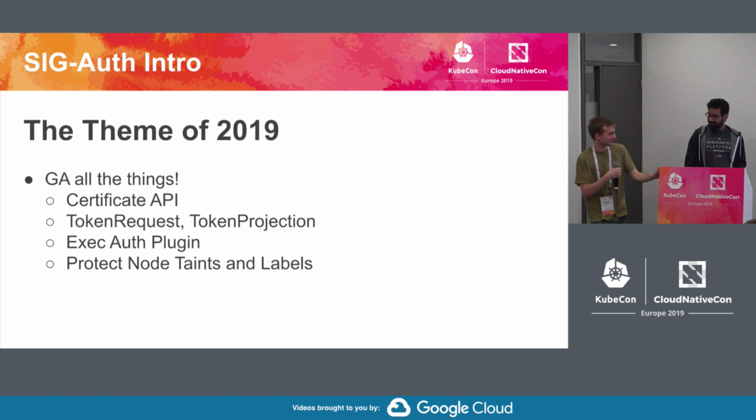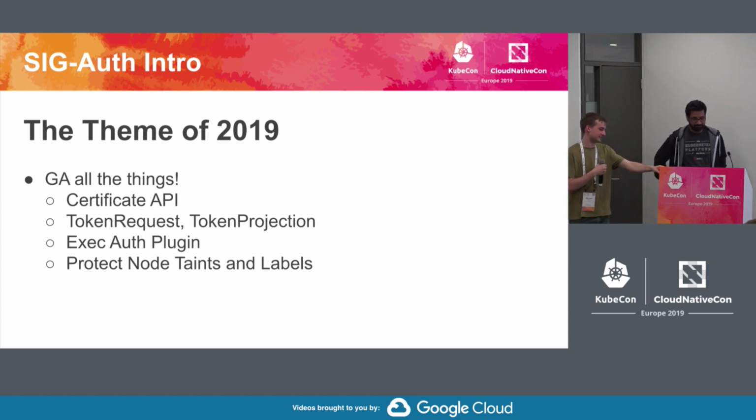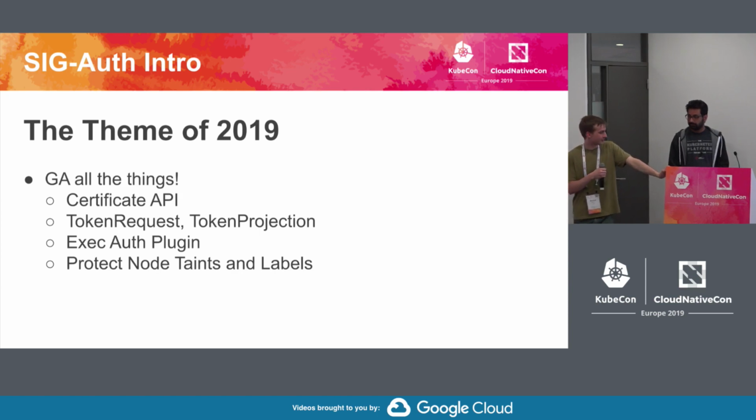I'll do the exec auth plugin. The exec auth plugin is our plan for moving a lot of the client auth plugins out of the tree. Plugins like the GCP and Azure plugin are sitting in client-go right now.